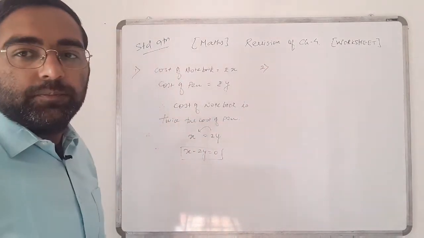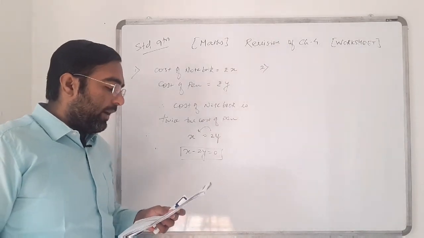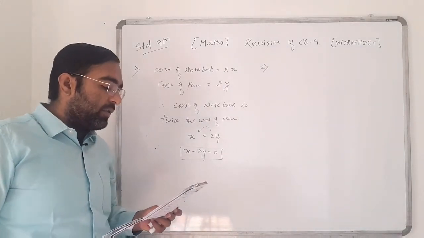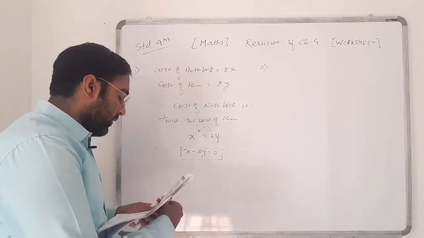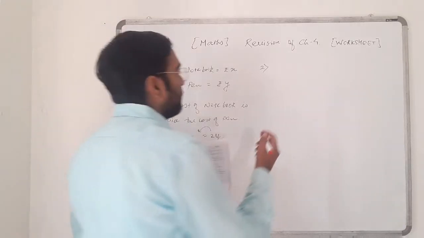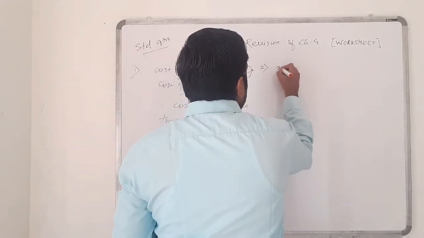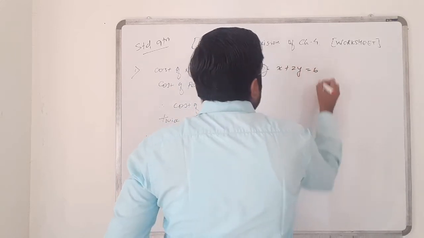The second question is: find 4 different solutions of the equation x plus 2y equal to 6. So here we write x plus 2y equal to 6.